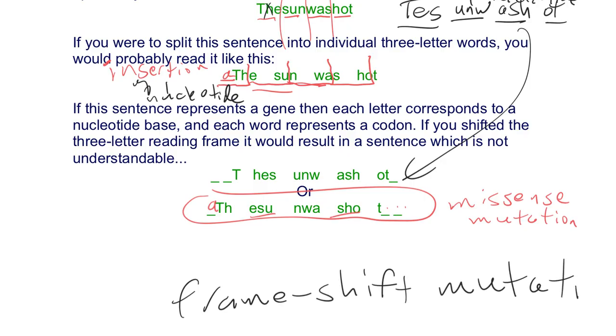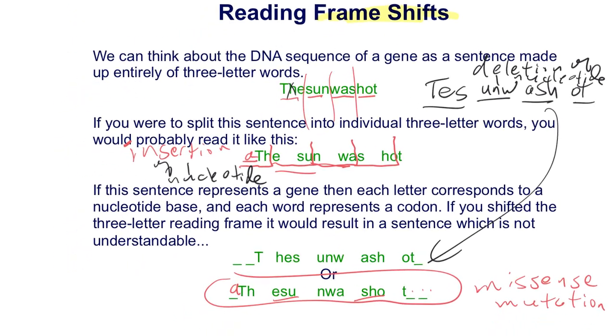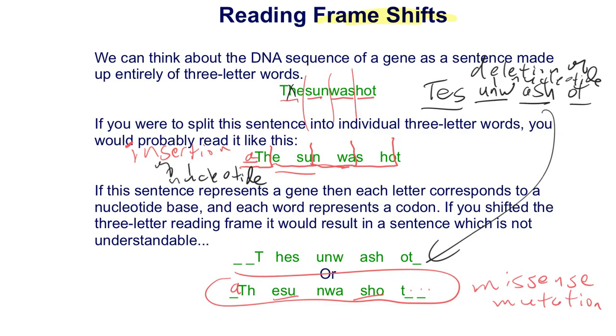So I've just given you a whole bunch of terms here. A deletion is an event that causes a mutation, a deletion mutation. An insertion is an event that causes a mutation called insertion mutation. It produces gobbledygook. The gene no longer has any of the amino acids in the right order after that insertion or deletion.